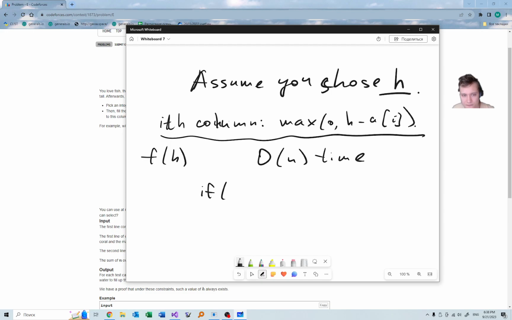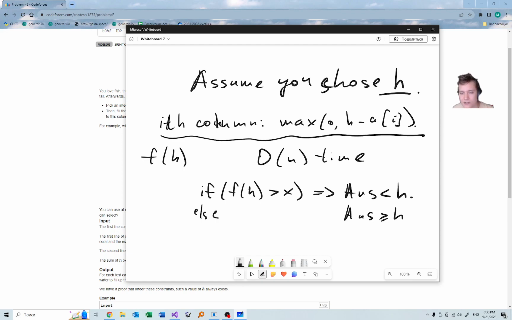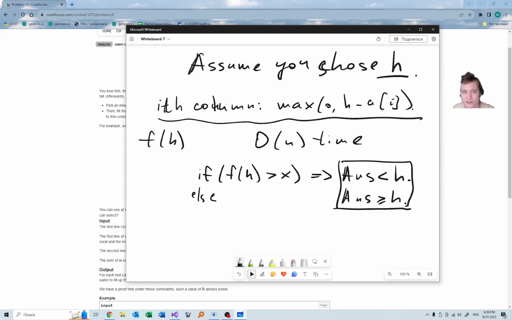So if f(h) is greater than x, this means that the answer is less than h, because you cannot take this size of aquarium or bigger. Otherwise, the answer is at least h, because you can do it. So this is a predicate which you can check in binary search.